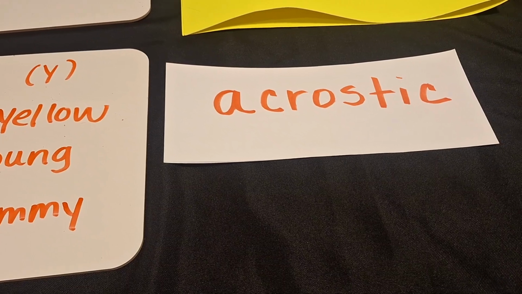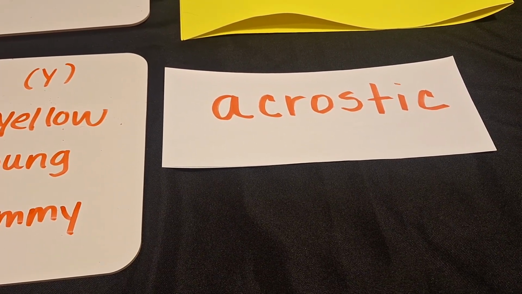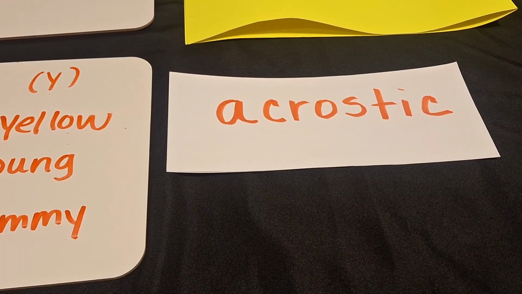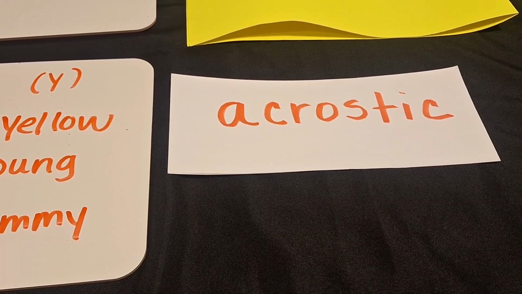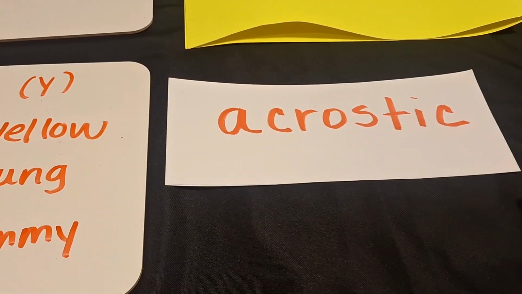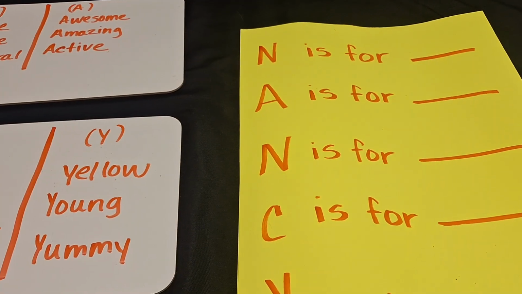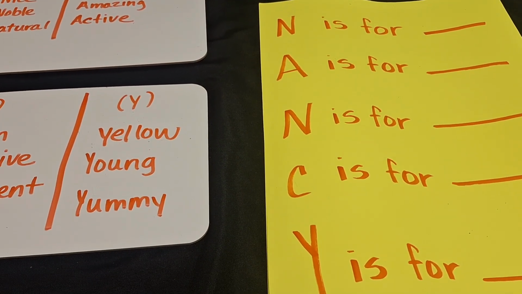Now, what is an acrostic? An acrostic is when you take each letter in a word, like your name, and use that letter to start a new word or an idea that describes you. So let's take my name, for example. My name is Nancy. How do you spell my name?